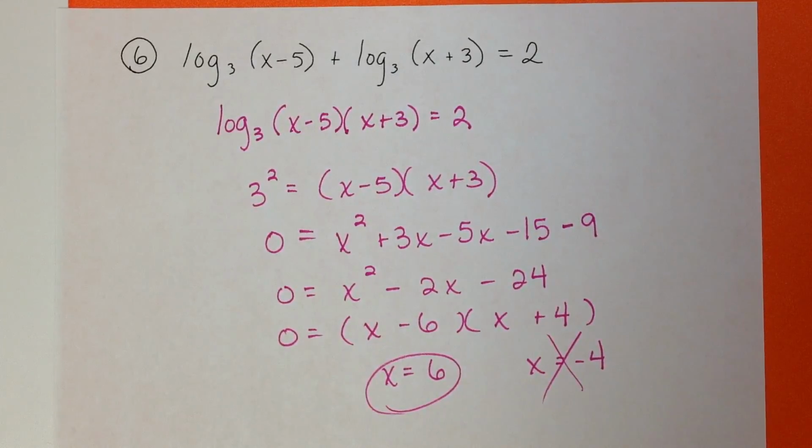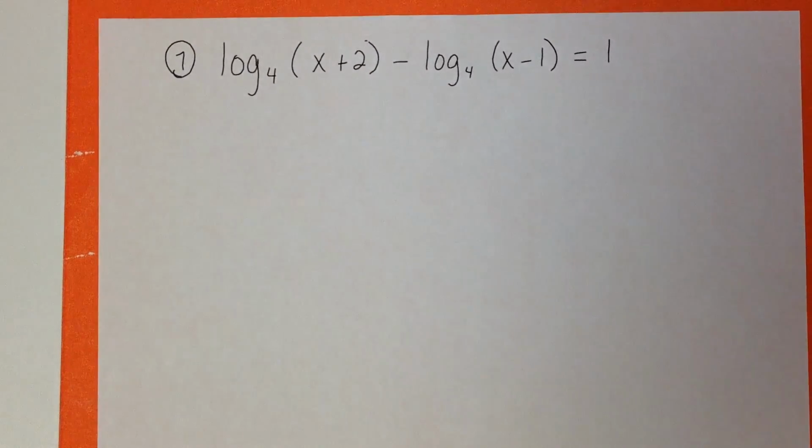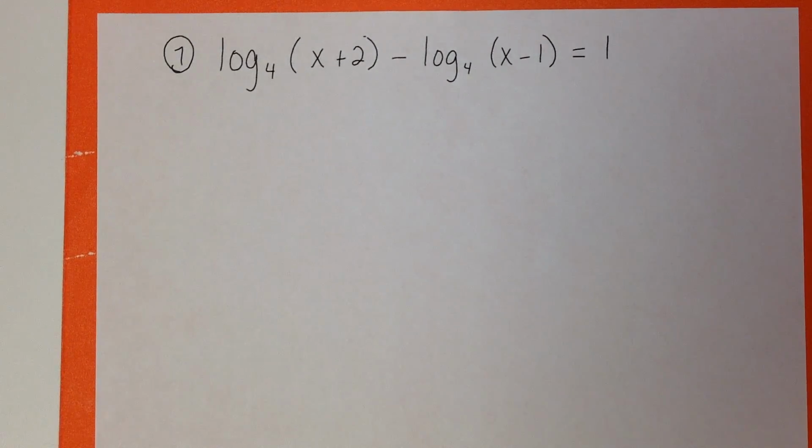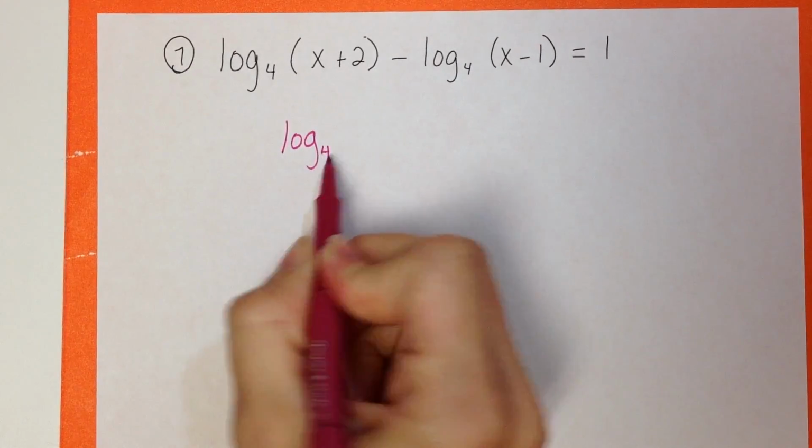Okay, next one. We're still going to have to use our properties here like we have with the two previous problems, but this one uses a different property because I do have subtraction between these two log terms this time. So when I go to condense this, the subtraction tells me that I have to divide.